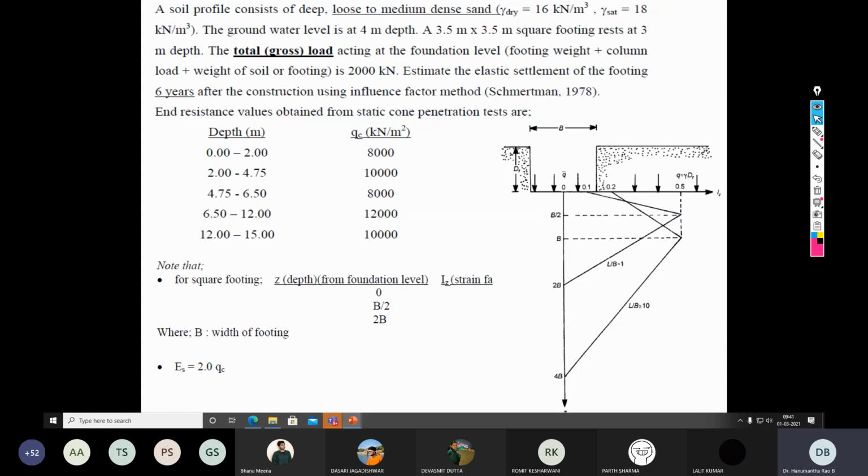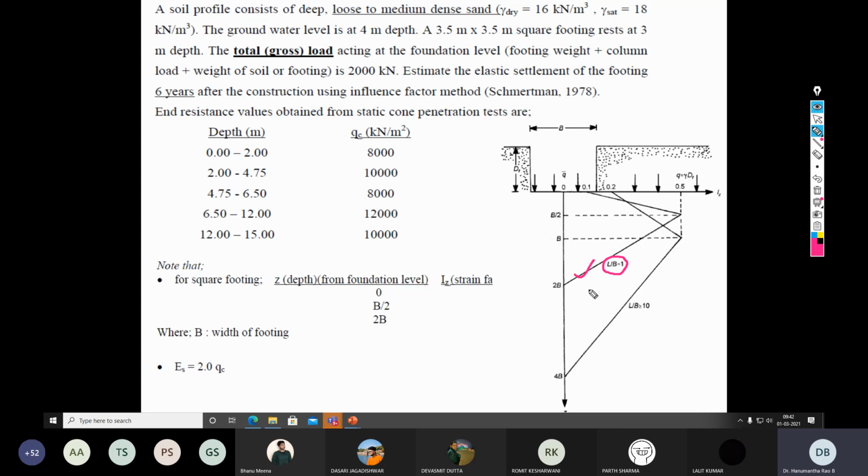The only thing is that first you need to pick up the valid curve from this one. In our case, it is a square footing. Square footing means your L by B is 1. So that means you need to pick up this strain influence line.